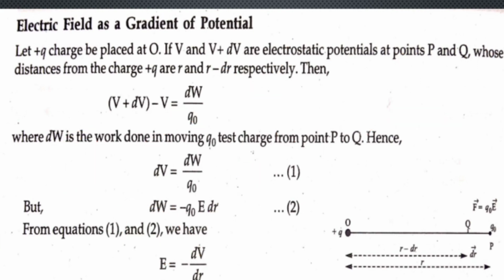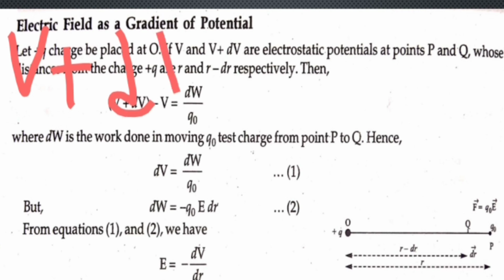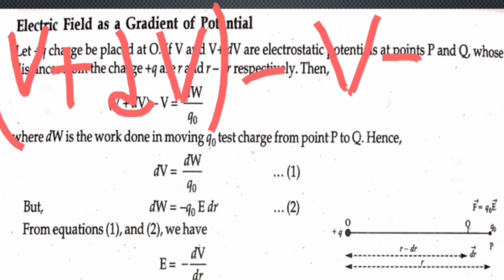Okay. Now, can we say that the potential difference between these 2 is this? Okay, what is the potential difference? What was the definition of potential difference? If I am supposed to bring a very small charge, a test charge, from point B to point A, the work done needed divided by that particular point charge is the definition of potential difference, right?